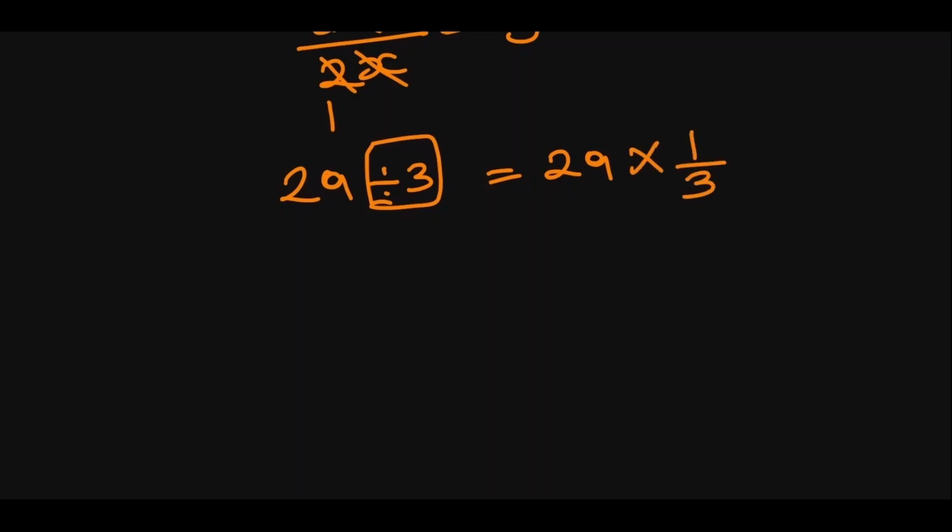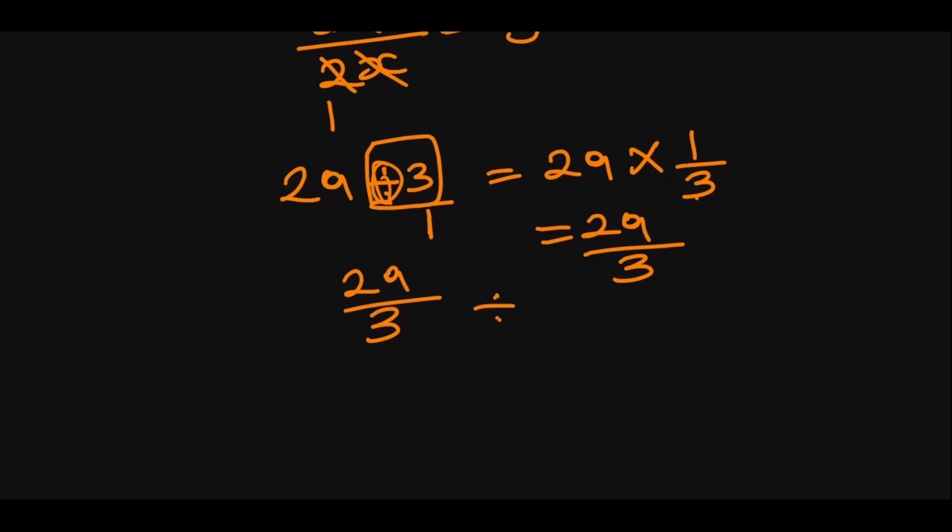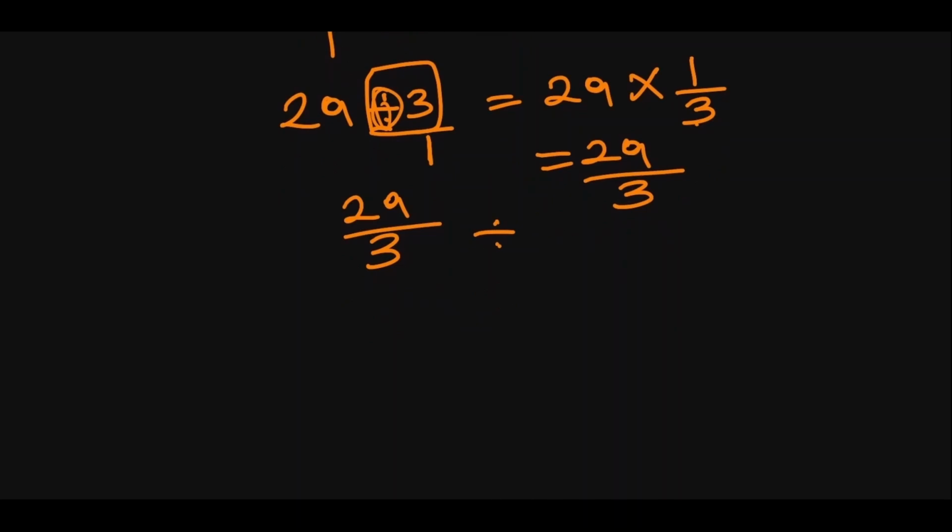Because this 3 is the same thing as 3 over 1, if you want to change the division sign to multiplication, then the 3 goes down and the 1 comes up. So if the question is not written as a fraction like this, you can just convert the divided by sign to multiplication to help you cancel out and simplify easily. That is all we can do on the refreshers for both of them.